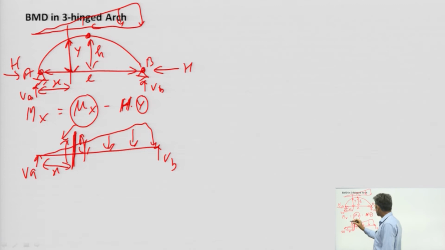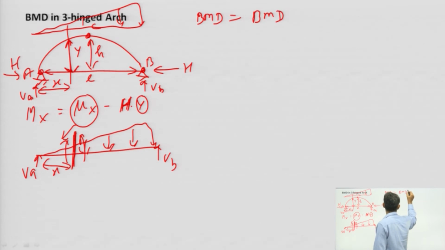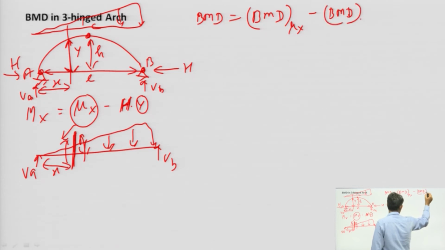So, the bending moment in the arch is the plot of BMD for mu x minus BMD for h into y. First of all, plot the bending moment of this.